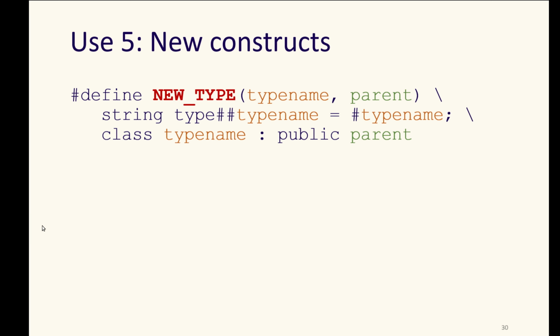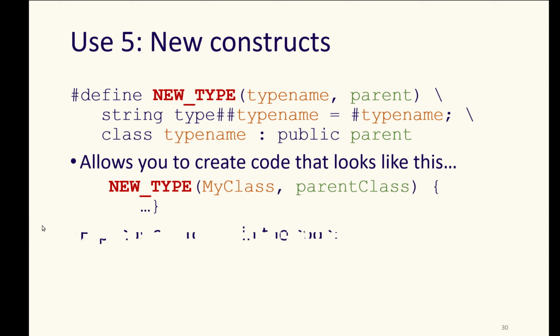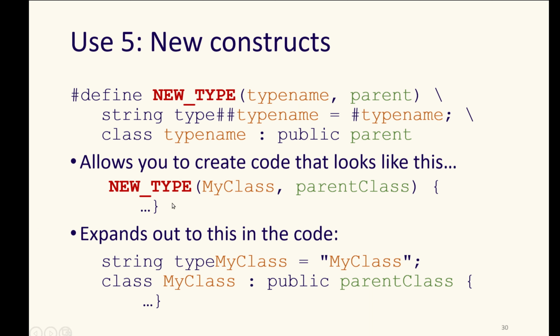So, for example, here we're declaring a string variable that would have the value of the type name so that I could do things like creating a new class that gets a string that describes what it is and then an actual class definition here, or at least the declaration for it, where it declares it to be my class because that was what was given as the first parameter there, and it even declares it to inherit from a particular parent class.